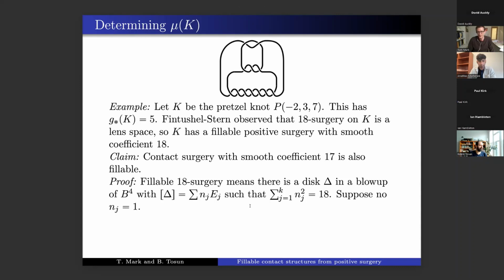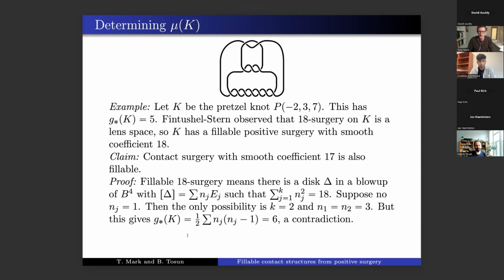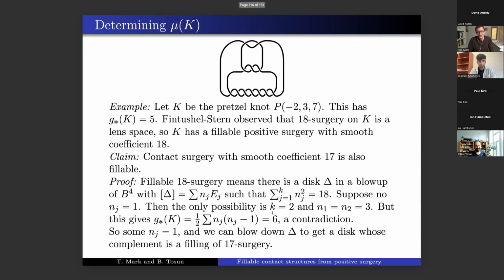So suppose none of them are 1. The only way you can sum squares and get to 18, where you're not allowed to use 1, is where you take 3 squared plus 3 squared twice. But you plug into the genus formula, you find slice genus 6, but it isn't slice genus 6, so too bad. So one of these has to be 1, and you can blow it down to get a filling of 17 surgery.